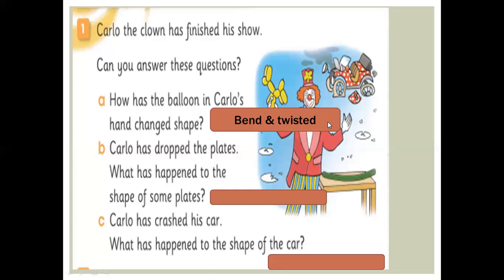Question number 2. Carlo has dropped the plates. What has happened to the shape of some plates? You can see here, he dropped the plates. So what happened to the plates?